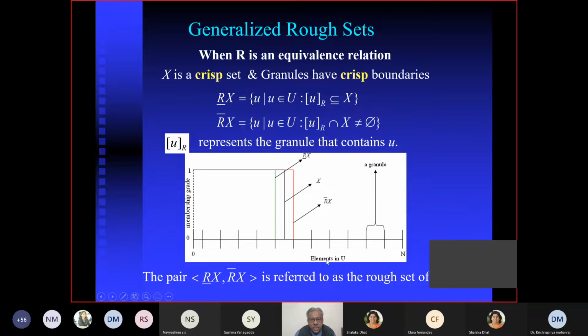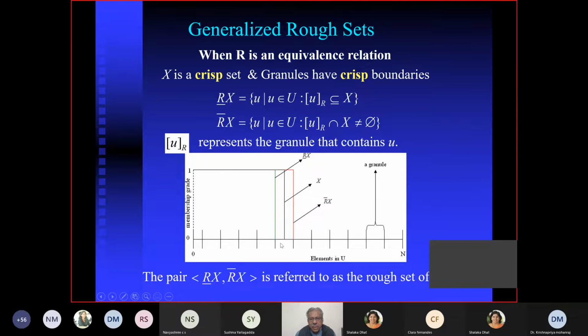From 0 to 1 is one granule, then the next is one granule, and so on, all crisp granules. There is no overlapping. The set is also crisp, the black line. This is a granulated domain with crisp granules, and over this crisp granulated domain, I define a set.